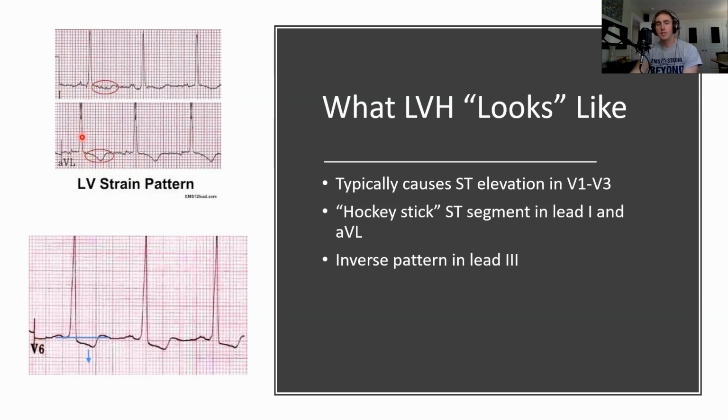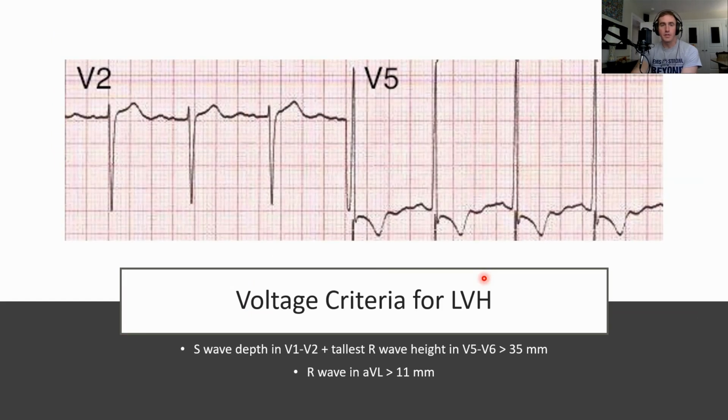You'll see the J point right there, and then the T wave inversion, and the line in between kind of looks like a hockey stick. You'll also see this in V6, okay? And then you'll see the inverse pattern in lead 3.